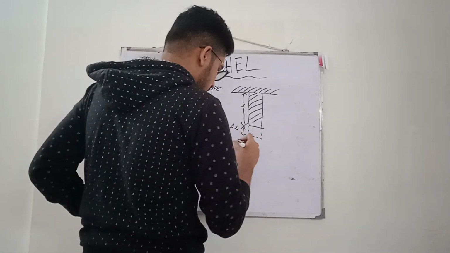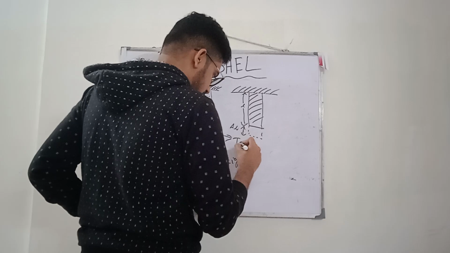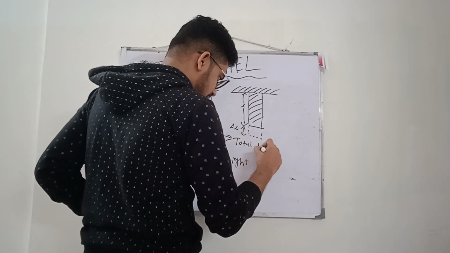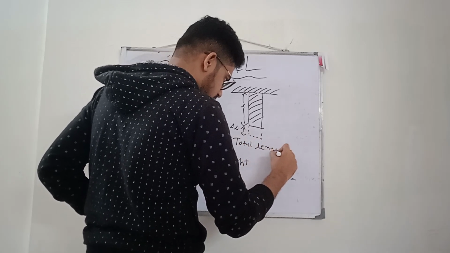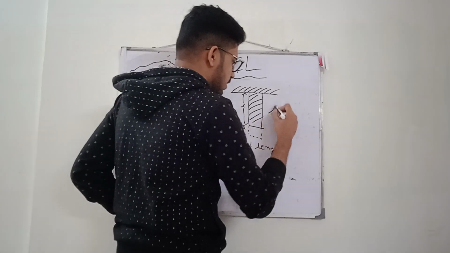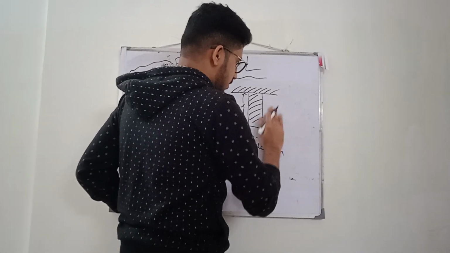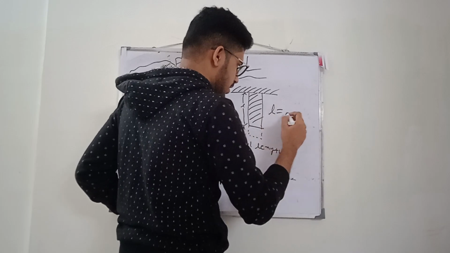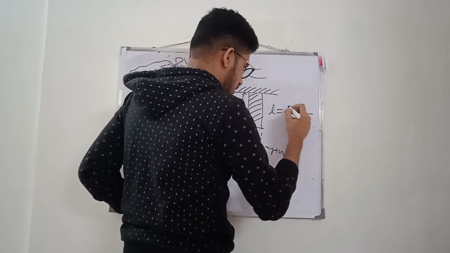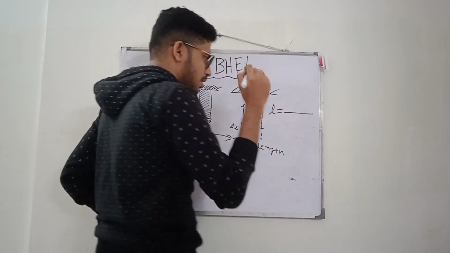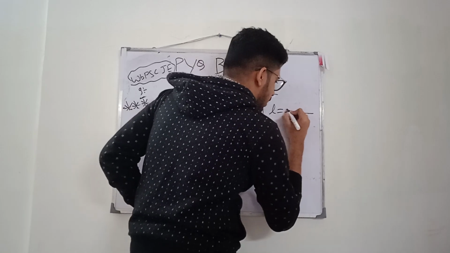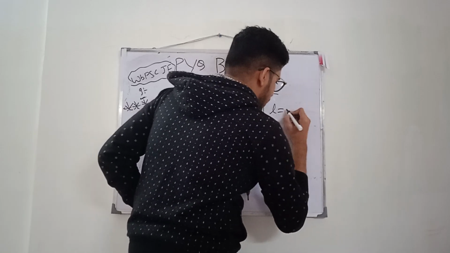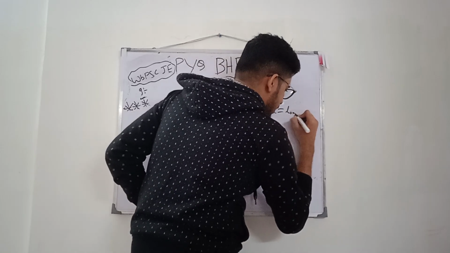Total length means what? Total length means L original.